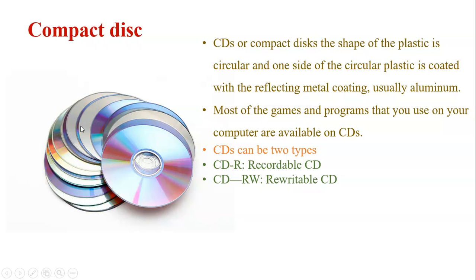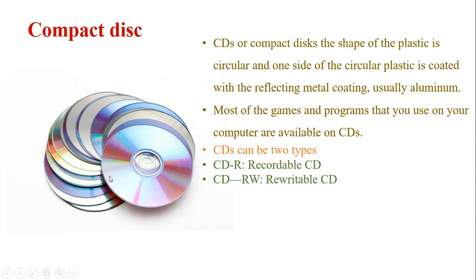Here you can see, this side is covered by the plastic and the other side is coated by the reflecting metal, usually made of aluminium. Now here you can see the shape of this compact disc, or the CD, is circular, right? Almost all of you have seen it in your home, right?